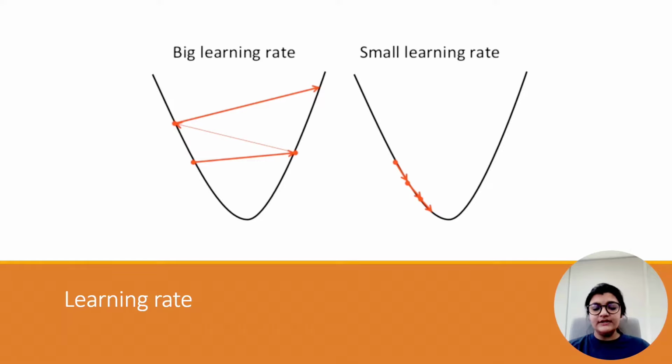But the small learning rate is like taking one step at a time. This can provide convergence in a much smoother way. But the problem is that finding the right learning rate, or employing learning rate scheduling, is essential to effectively optimize our neural networks and achieve better model performance.